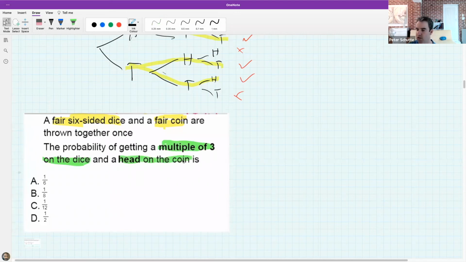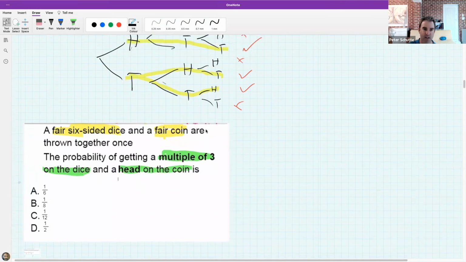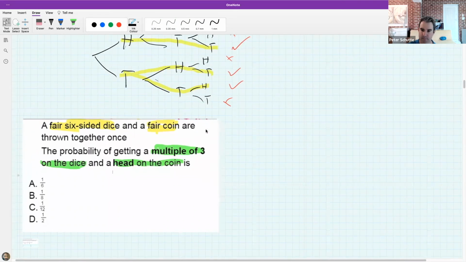Can you use what we've learned so far in the lesson to work out the probability of that occurring? I'll give you a little hint.